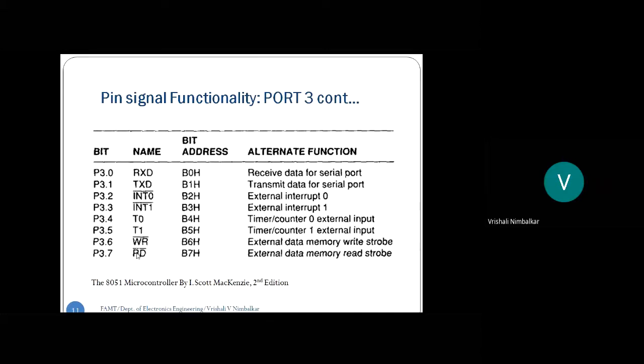See, whenever we connect memory, the signals related to memory are address lines, data lines, and the read and the write from memory. The address lines, as we saw, are combined with port 0 and port 2. Data lines are again combined with port 0, D0 to D7. And this is where the control lines are available, read and write.